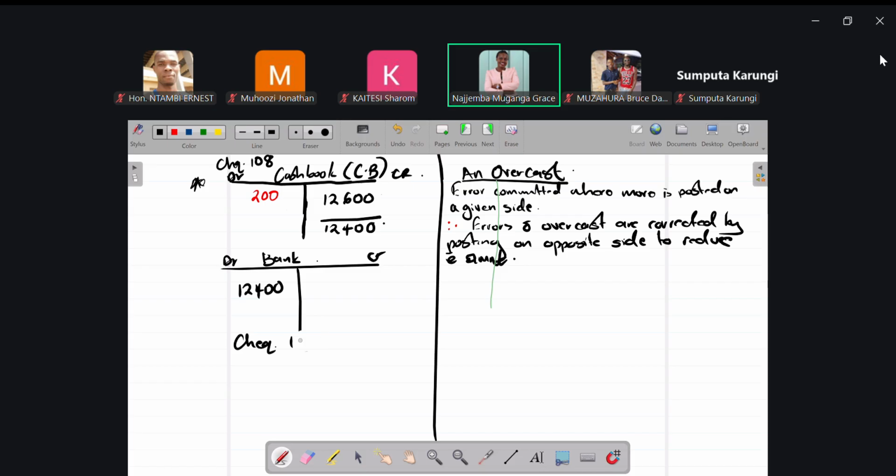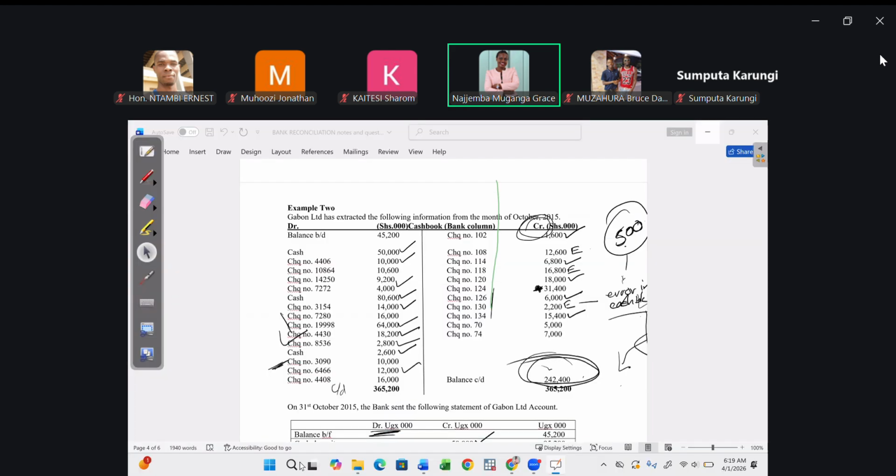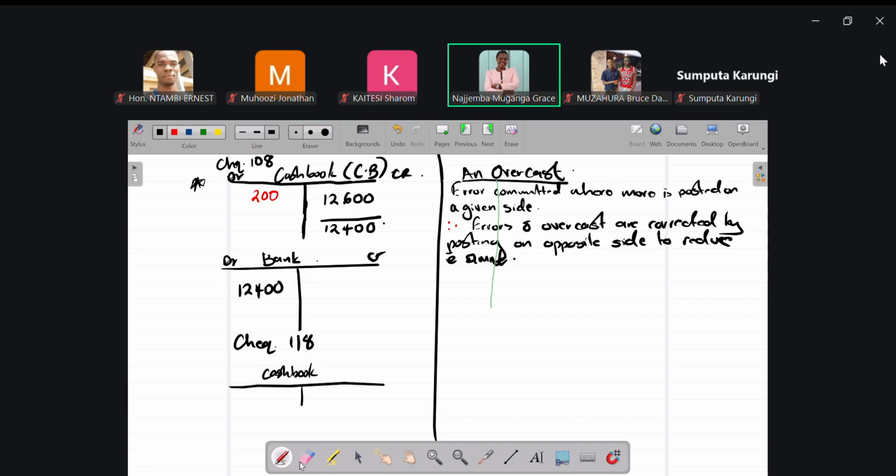We have the cash book here and the bank can be here. In the cash book, they credited 16,800.